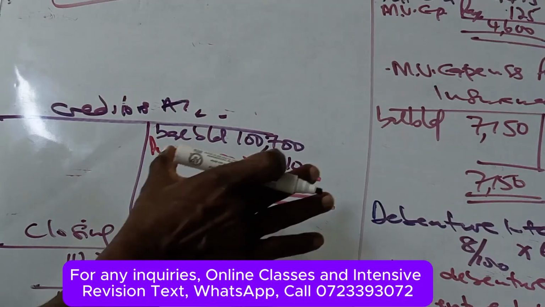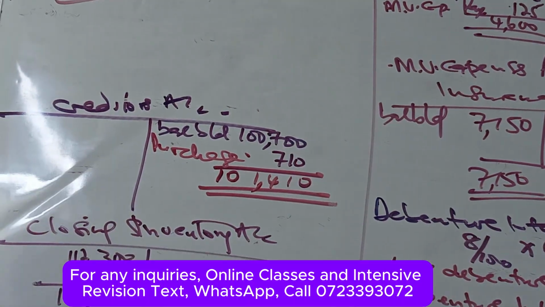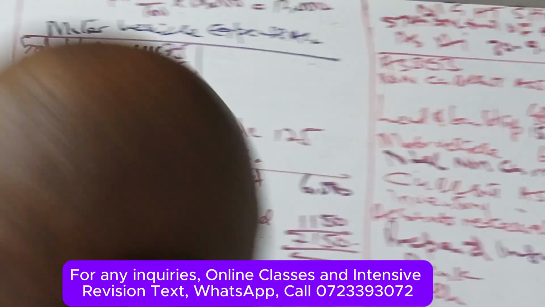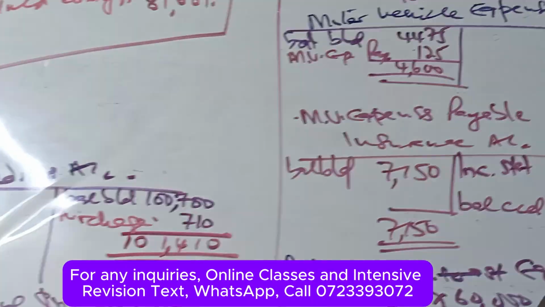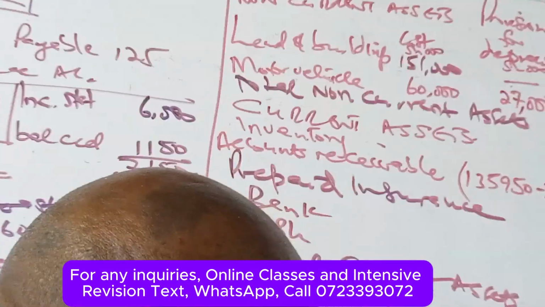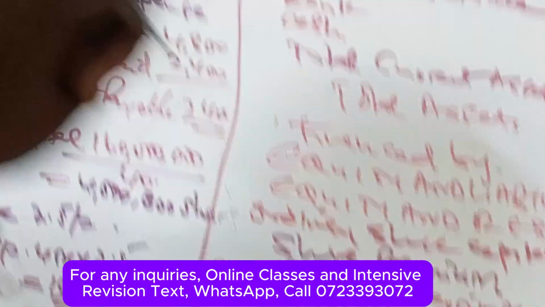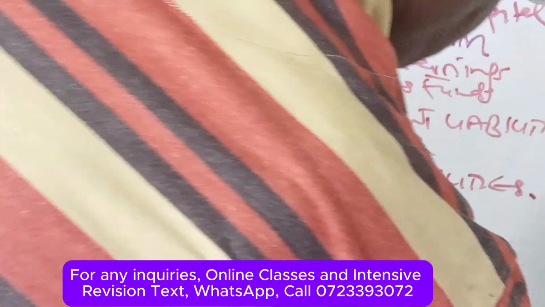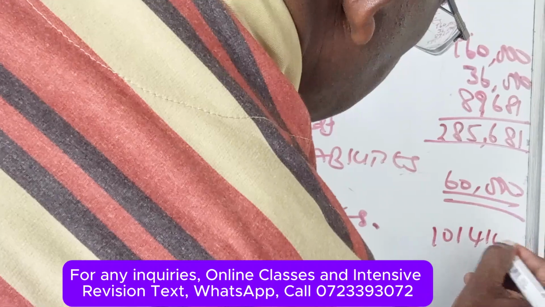So if you don't check this, you will find yourself making a mistake. So our accounts payable is 101,410.